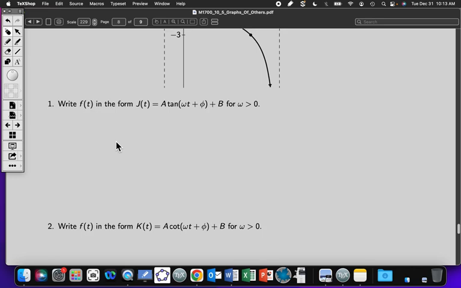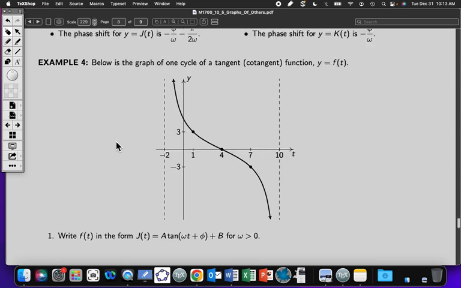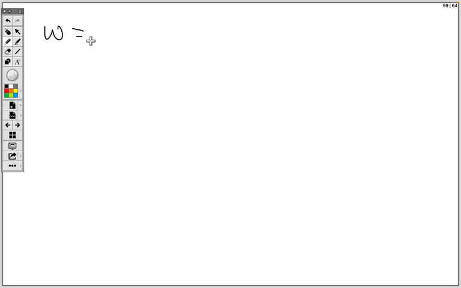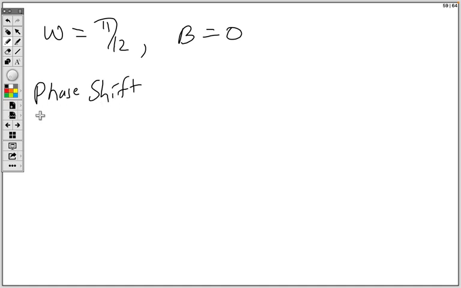All right, how would we model this in terms of a cotangent? For a cotangent, it's a little easier. We're still going to have our angular frequency be the same, and our baseline be the same. But our phase shift is the same phase shift formula we've got for sine, cosine, secant, and cosecant.